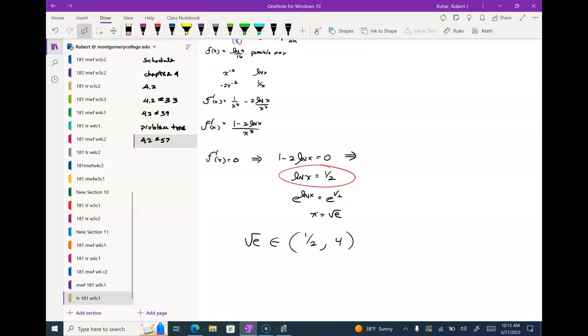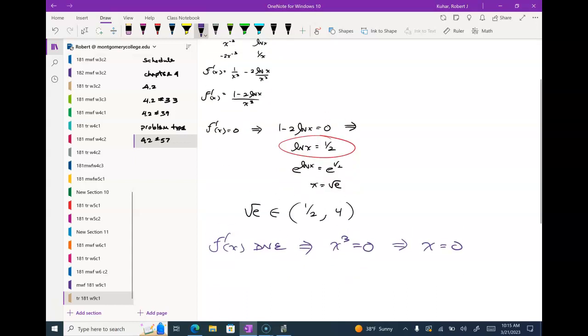I have to get my criticals from downstairs as well. F prime of x does not exist implies x cubed equals 0, right? Remember, numerator equals 0, denominator equals 0. So when is that? That means x is 0, right? But 0 does not belong to 1/2 to 4. So it's no good.